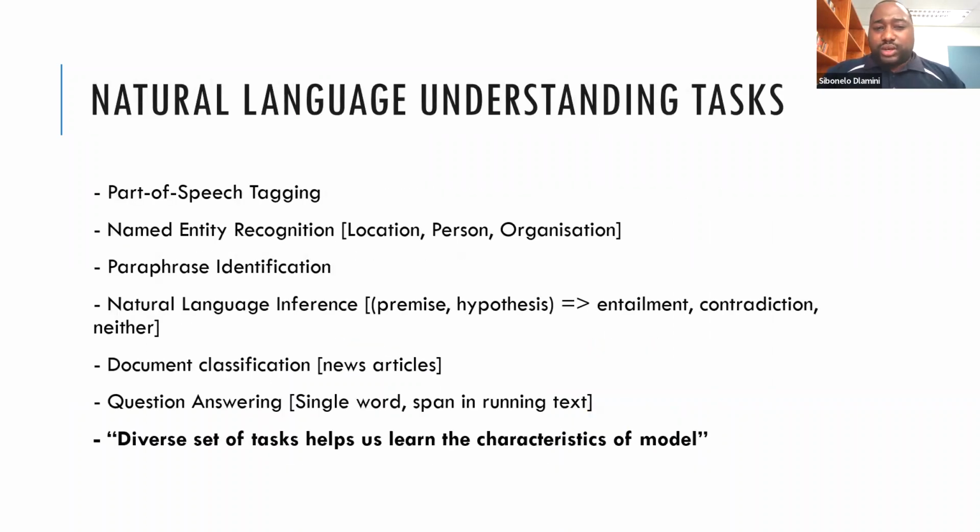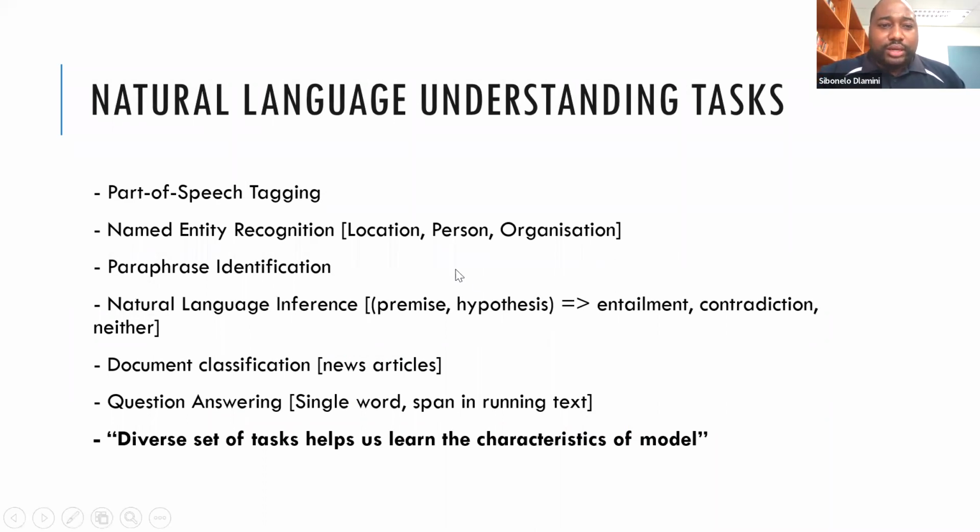Now, what are some of the tasks that we use in order to evaluate our transformer models and see how well they are performing or how well they understand that language? There's a number of tasks. Some of these are traditional natural language processing tasks. Some of them have been developed recently.